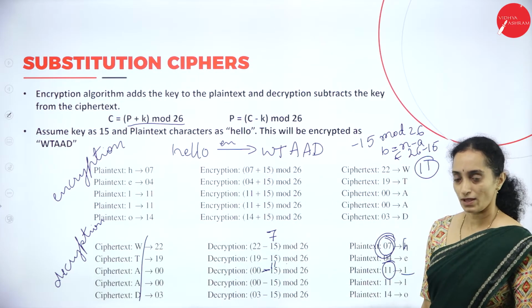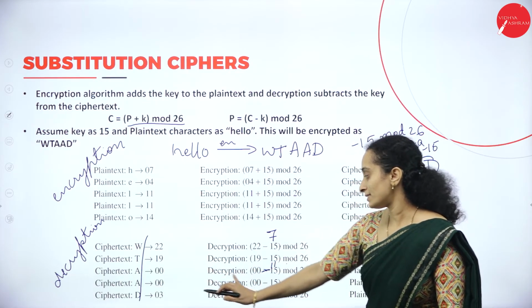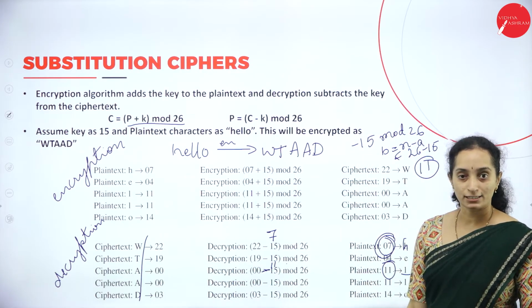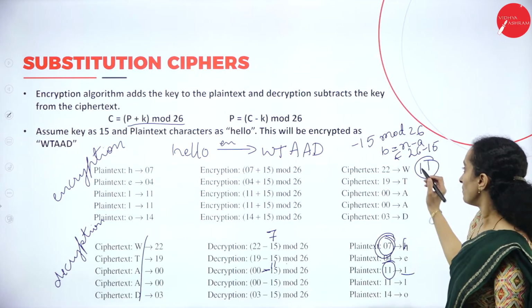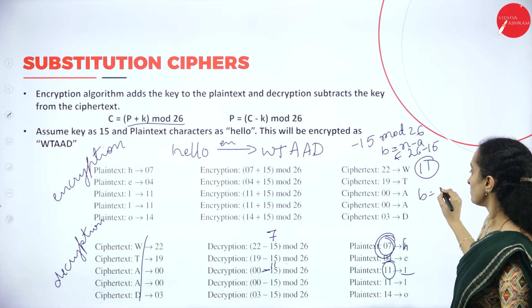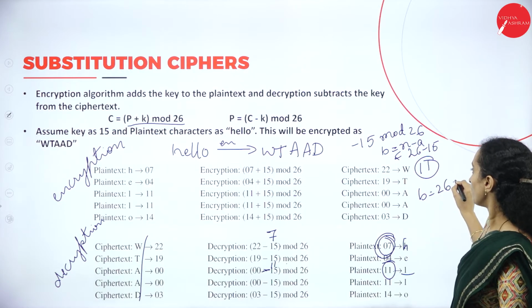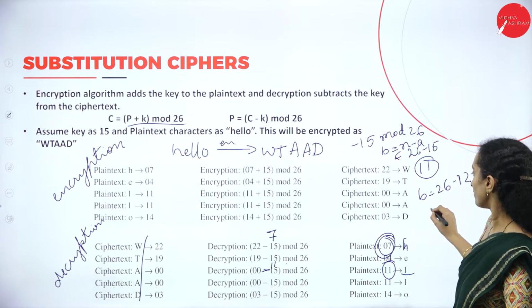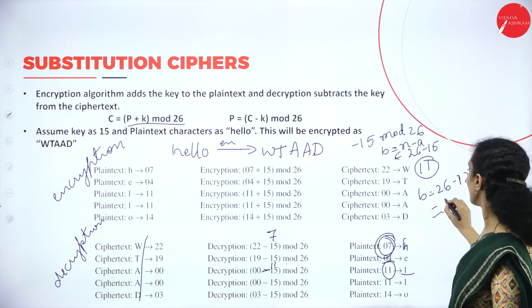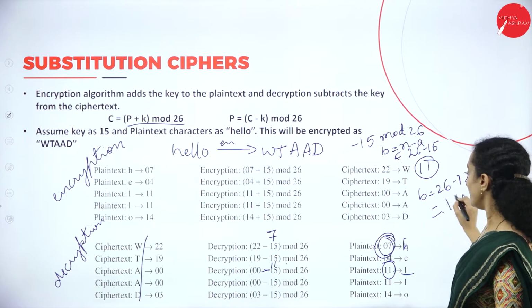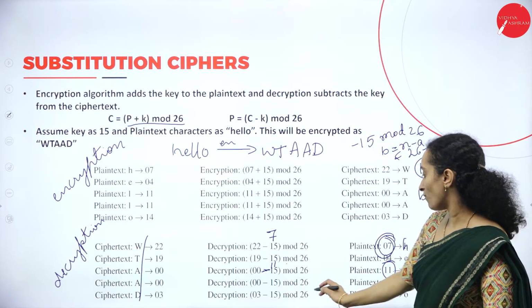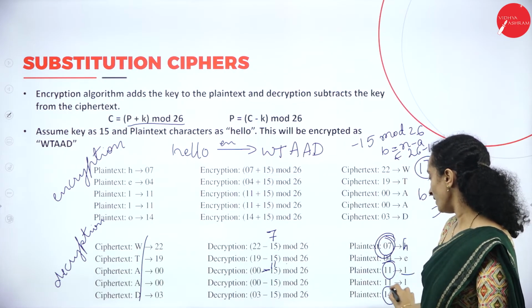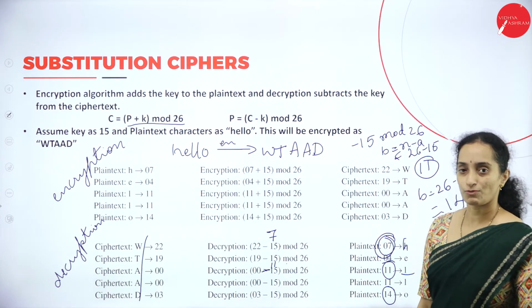Same thing you have to do. The last one is 3 minus 15, which will give you minus 12. So you have to perform B equals 26 minus 12, which will give you 14. So 14 mod 26 will be 14 only.